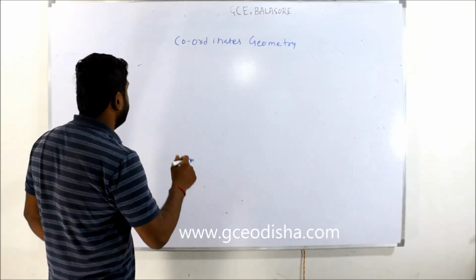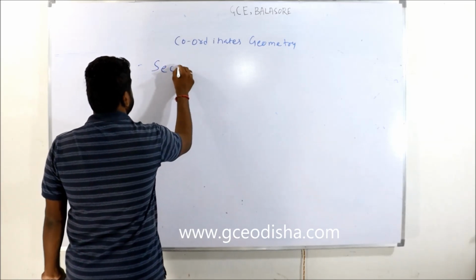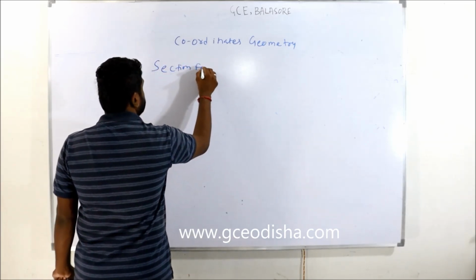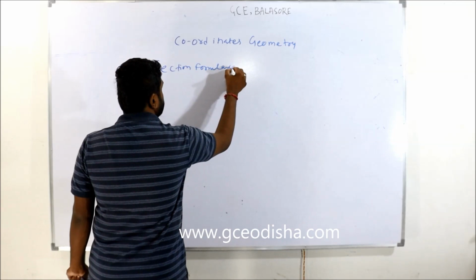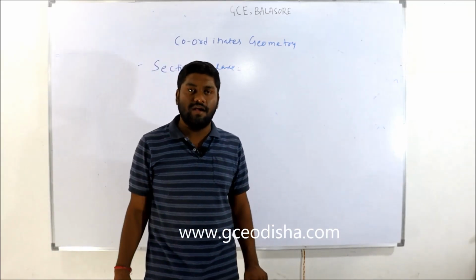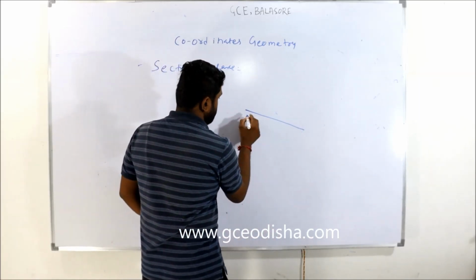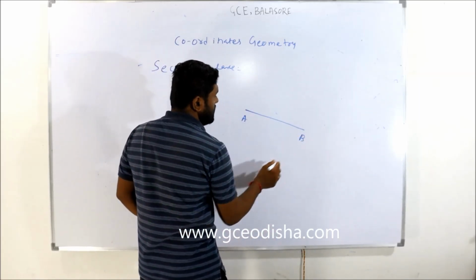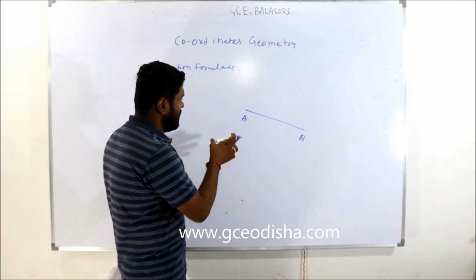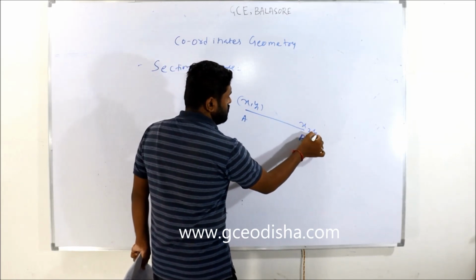Then come to another concept, like the section formula. In the section formula, generally there is a line AB with two coordinates, like this is x1 y1, another is x2 y2.